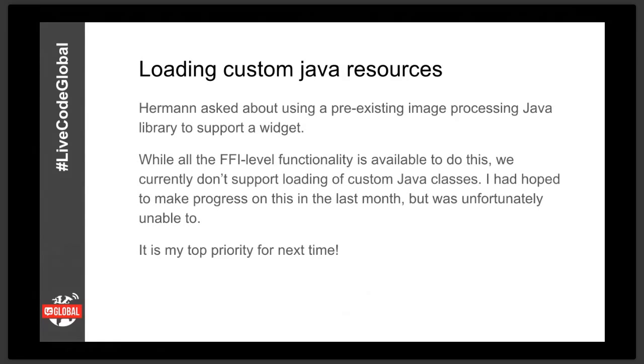So Herman asked about using a pre-existing image processing Java library to support a widget. Now, there was going to be a full apology here because we didn't manage to do anything towards this. The FFI level functionality is there, but we currently don't support loading of custom Java classes. That's what I had hoped to make some progress on last month, and it's still my top priority for next time.